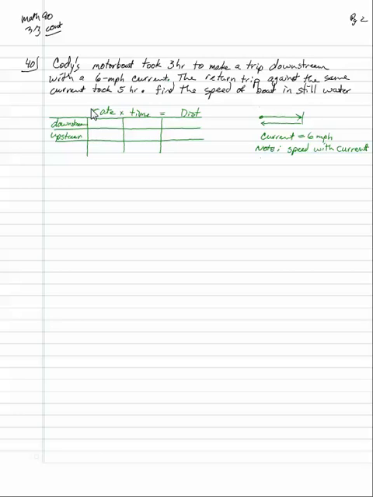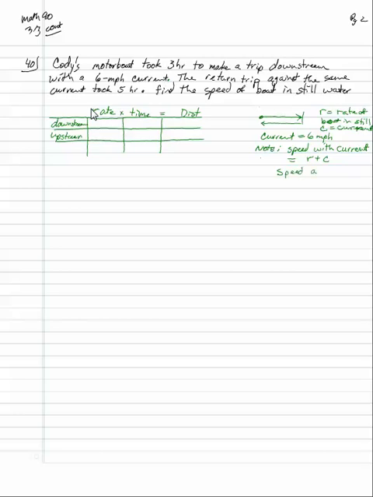So if R is the rate of the boat in still water, and C is the current, which in this case we know is 6, the speed with the current is going to be R plus C. So the current's pushing you faster.